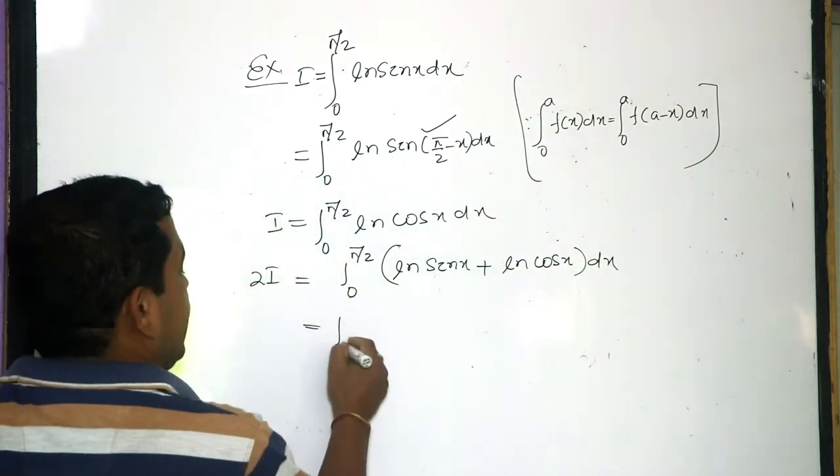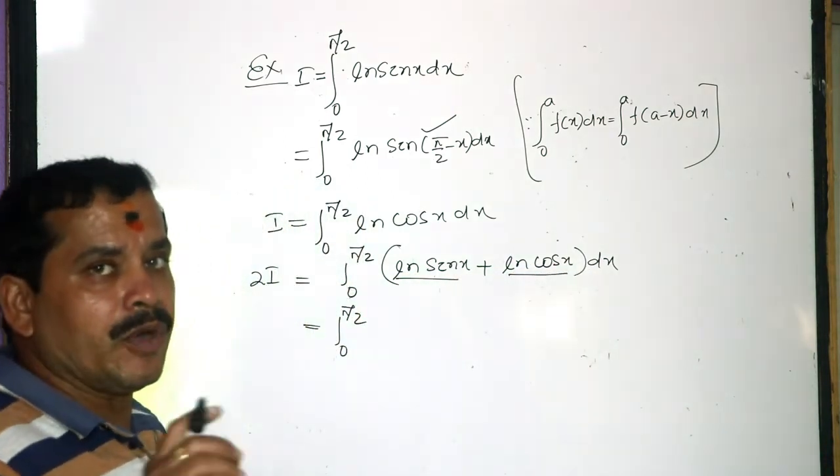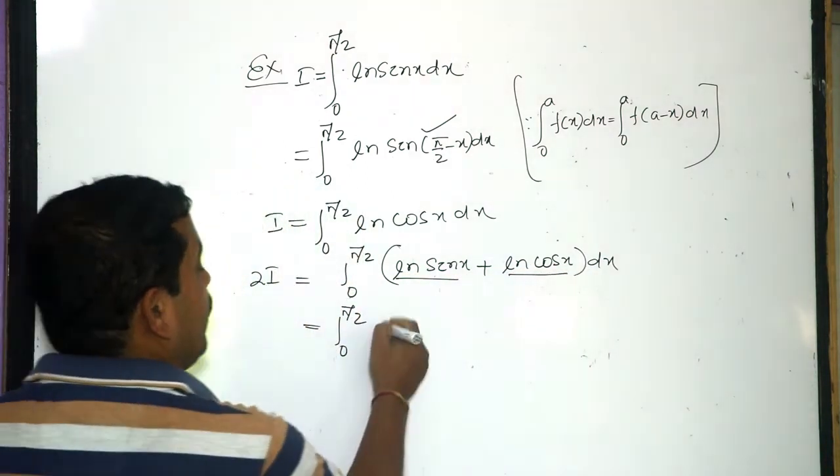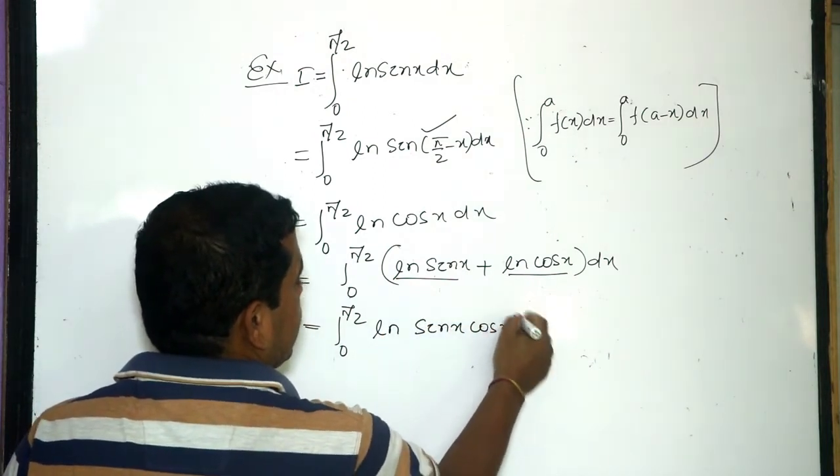Now this is log a plus log b. We know that log a plus log b means log ab, so log of sin x into cos x dx.